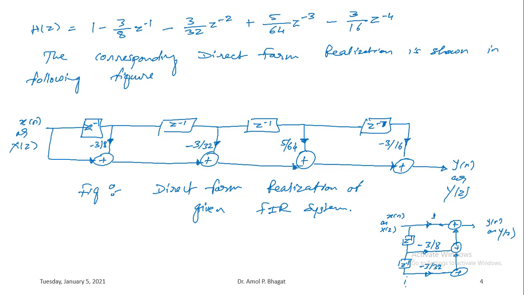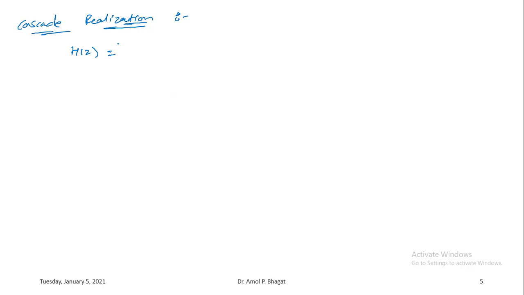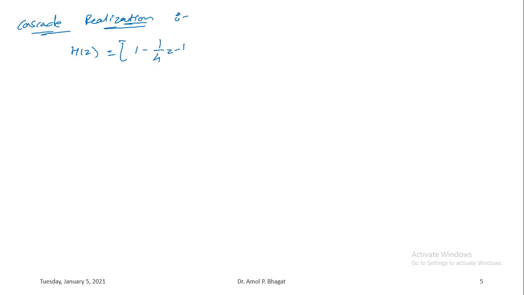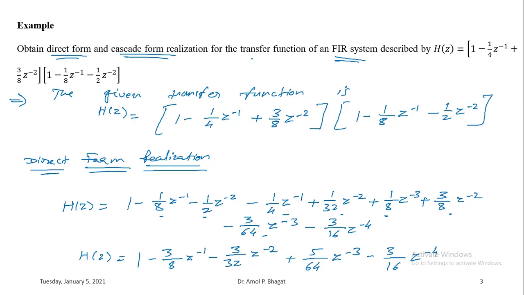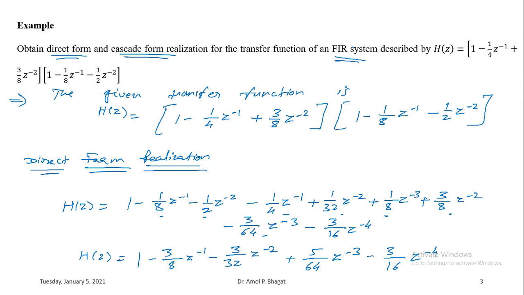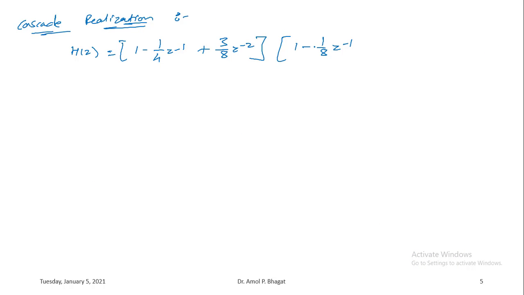In the first bracket we have 1 minus 1 by 4 z inverse, then plus 3 by 8 z to the power minus 2. Whatever equation is given in the example, we are using it as it is. In another bracket, 1 minus 1 by 8 z inverse, and the last term is minus 1 by 2 z to the power minus 2.